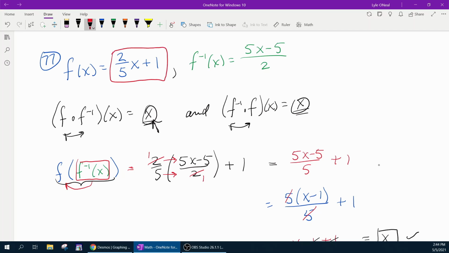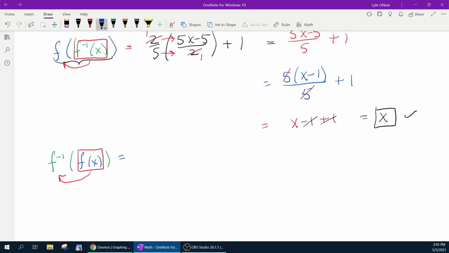We're going to take all of this stuff and stuff it in here, replacing the x in f inverse with the entire f of x function. So that's going to give me 5 times (2/5 x plus 1) minus 5, all over 2.